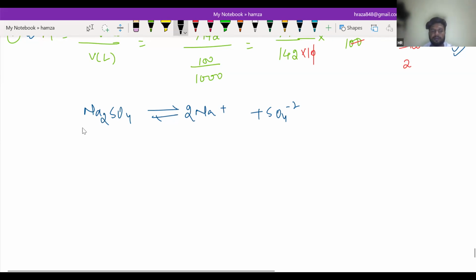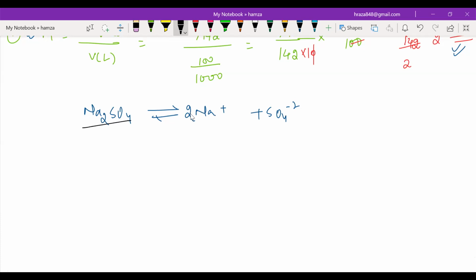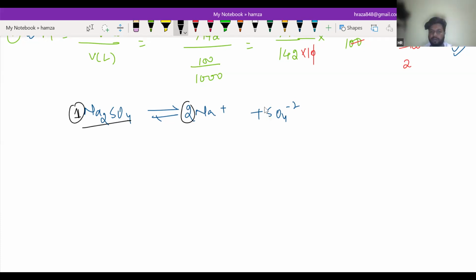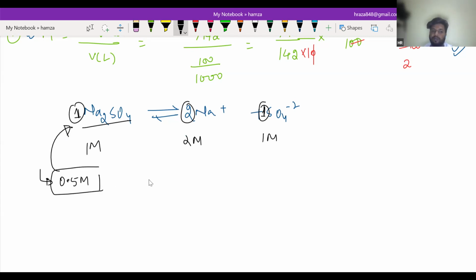Now it is balanced. Now see, here it is 2, and here it is 1. 1 molarity of this will give 2 molarity of this and 1 molarity of this. But the fact is that we have 0.5 M Na2SO4 given. We have calculated that. That means double of this, 2 times 0.5, is 1.